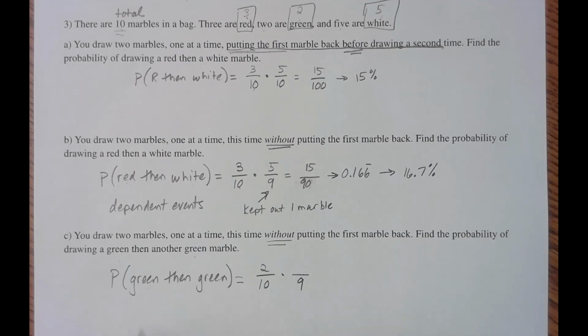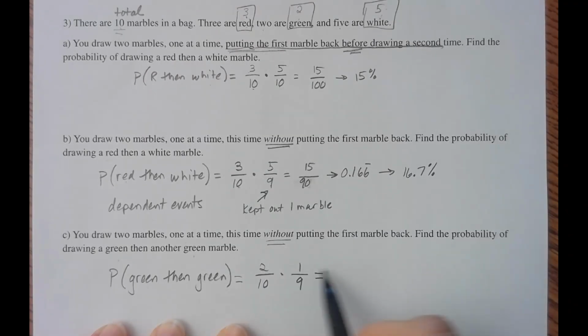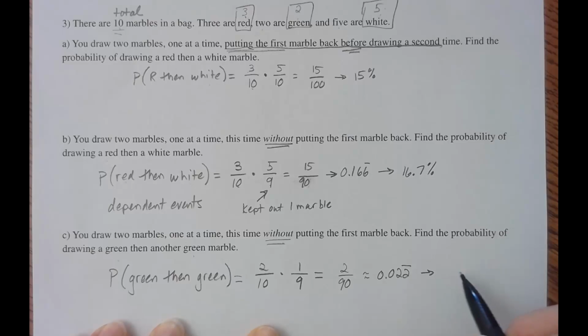So if I draw 1 green marble, now there's only 1 left in the bag. 2 times 1 is 2, 10 times 9 is 90, and if I change this to a percent, I get approximately 2.2% chance.